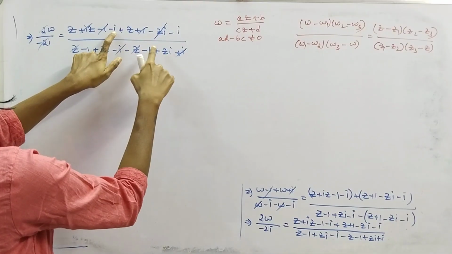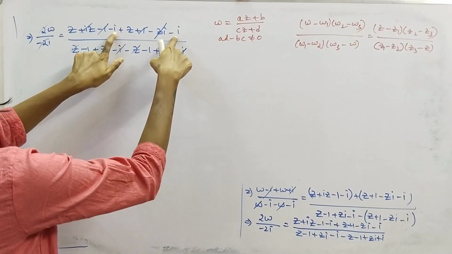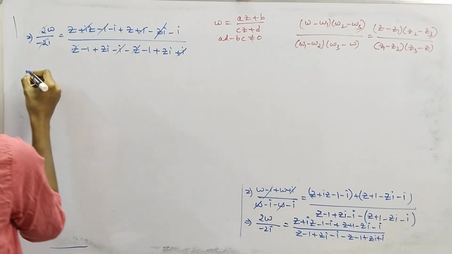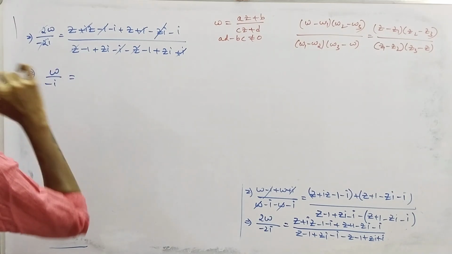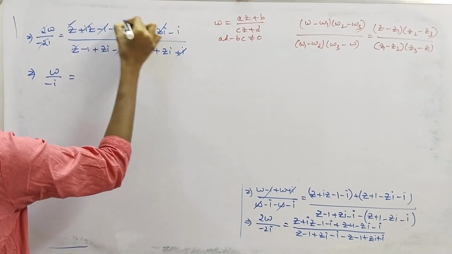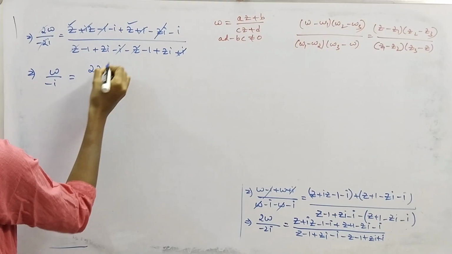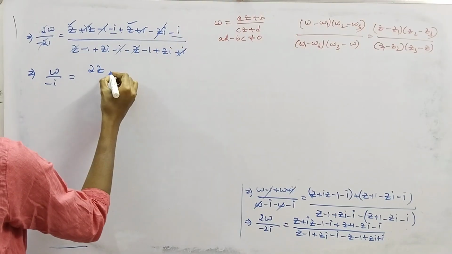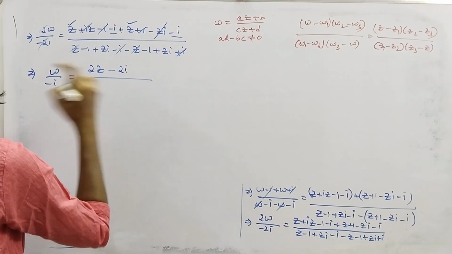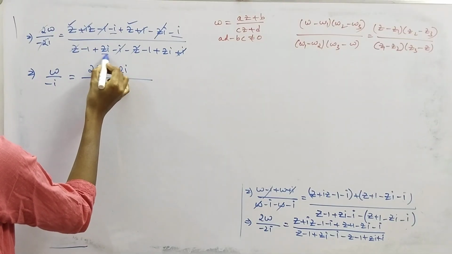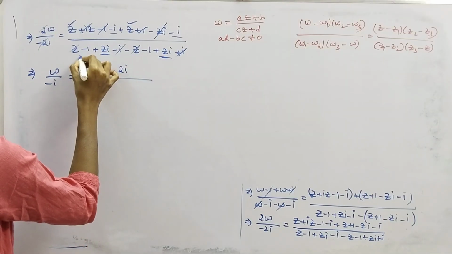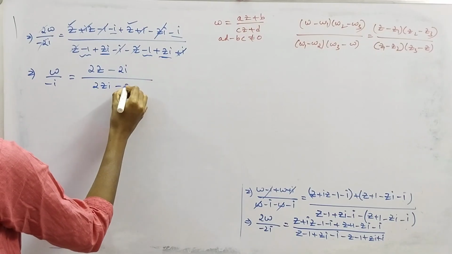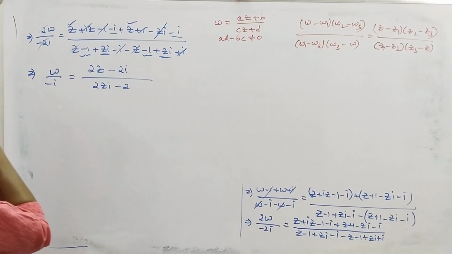Cancel this. And minus I minus I, you can cancel that, right? So we'll get omega by minus I equal to z plus z, z plus z gives 2z, minus I gives minus 2I by 2zi minus 1 minus 2, right? Fine.